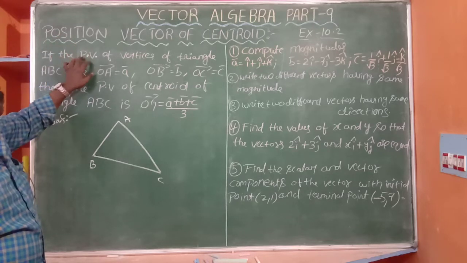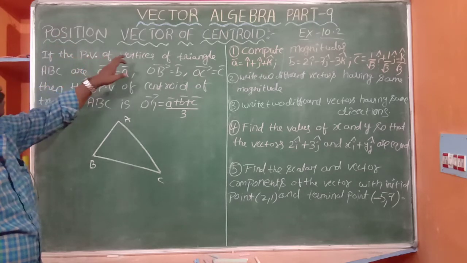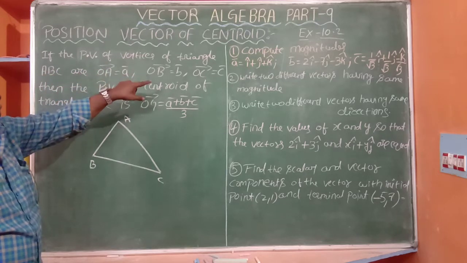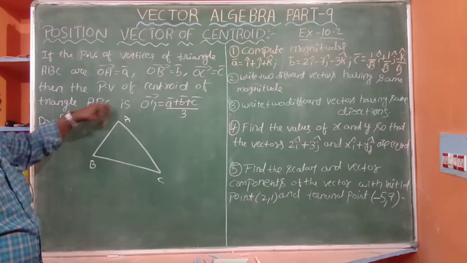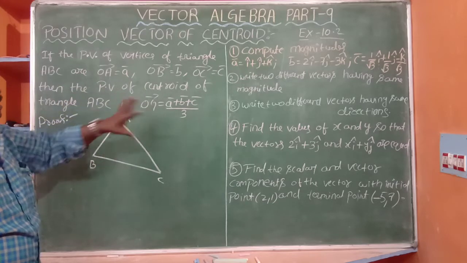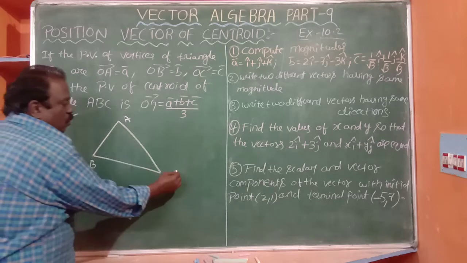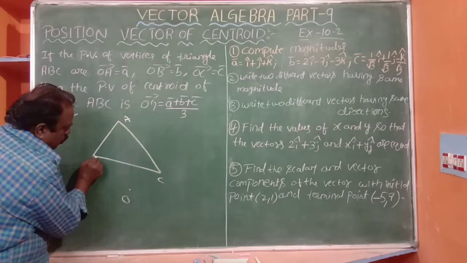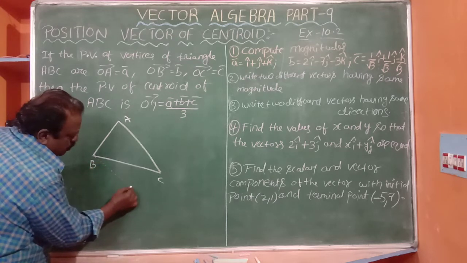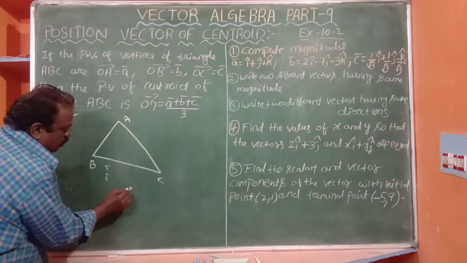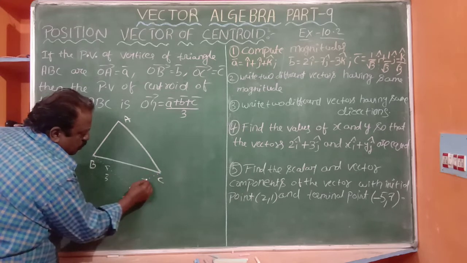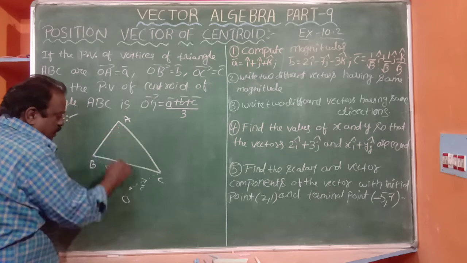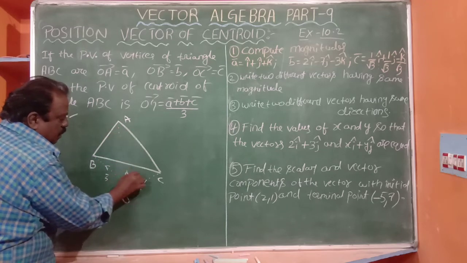The position vectors of the vertices of the triangle are OA bar is A bar, OB bar is B bar, OC bar is C bar. That is, we are given the vertices with their position vectors. Suppose O is somewhere, the horizon. From O to this point is B bar, from O to this one is C bar, and from O to A is A bar.